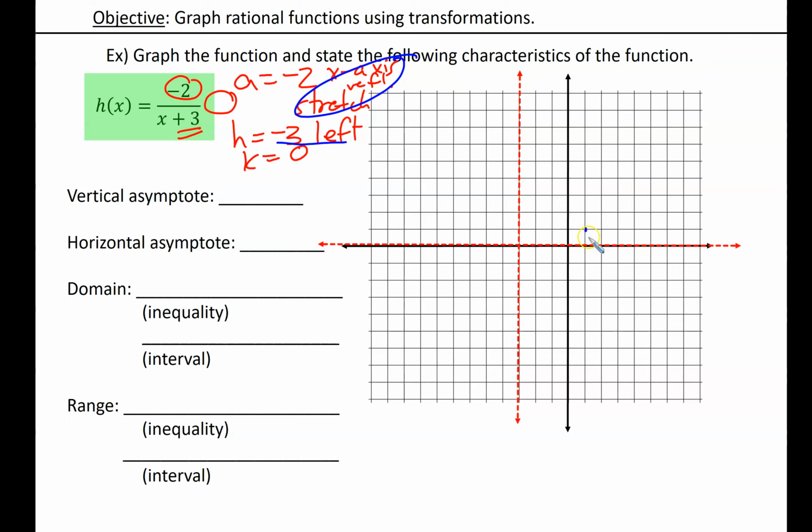My stretch factor is 2. So this vertical distance of 1 unit from the x-axis is going to stretch to a vertical distance of 2. And then it's going to reflect across the x-axis. So it's going to move down here to -2, or 2 below. And then that point will shift to the left 3 units, 1, 2, 3, and end up right here as its final resting place. So let's get rid of all of this, hopefully.